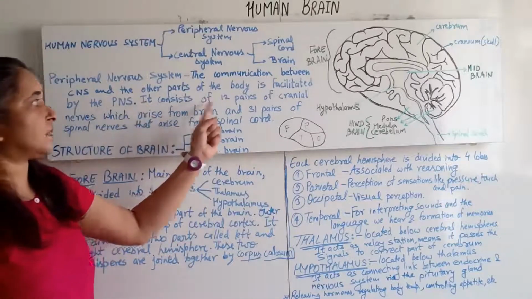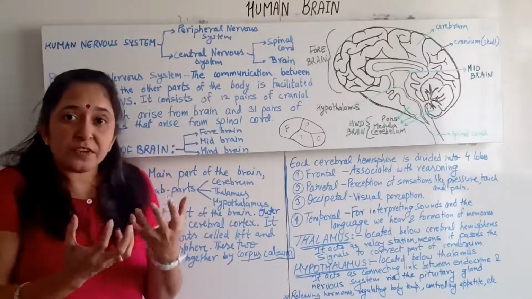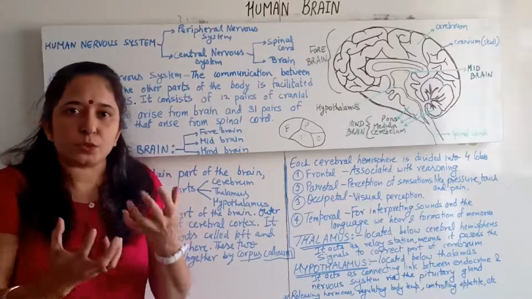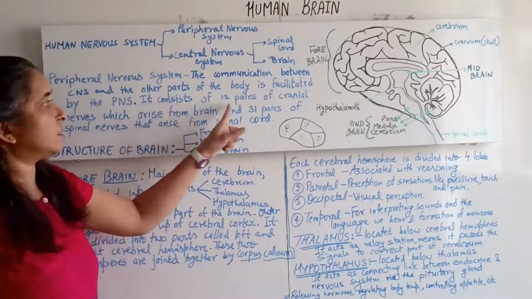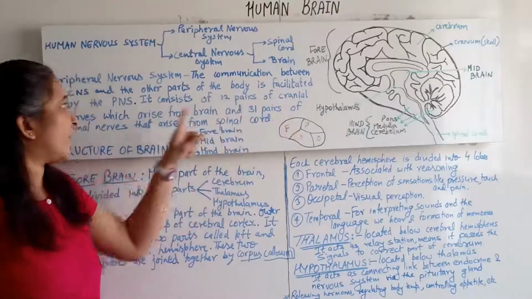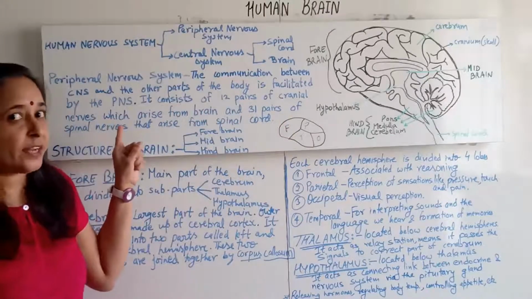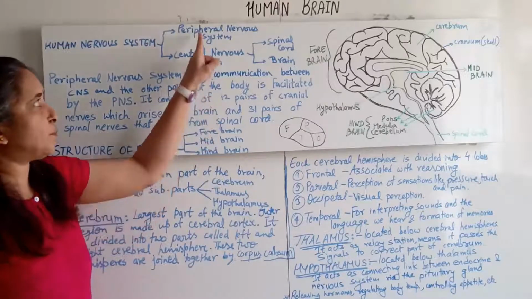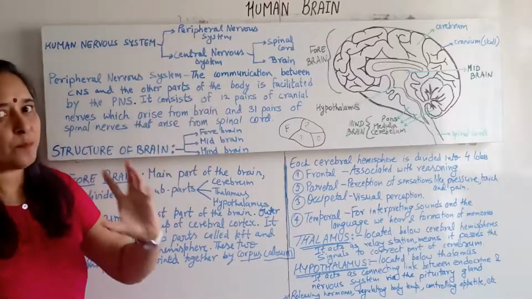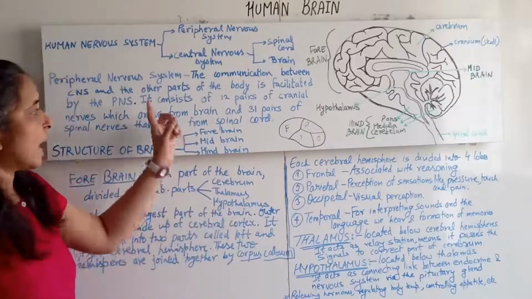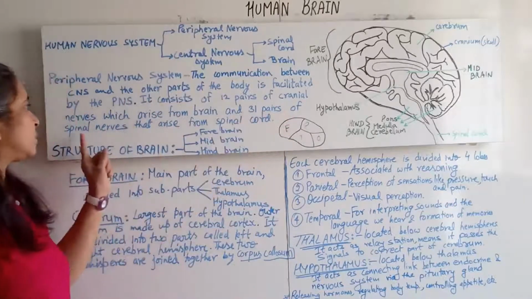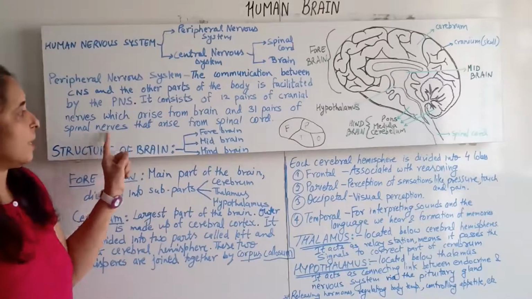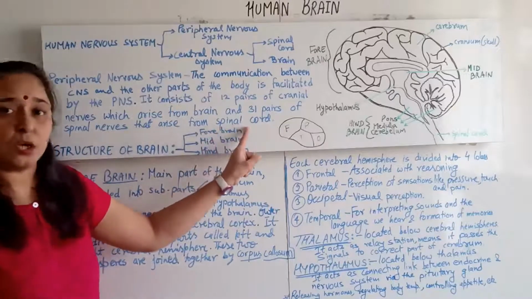Okay. How does the peripheral nervous system do this? It consists of 12 pairs of cranial nerves. Cranial nerves means those which arise from the brain. So this PNS consists of 12 pairs of cranial nerves and 31 pairs of spinal nerves that arise from the spinal cord.